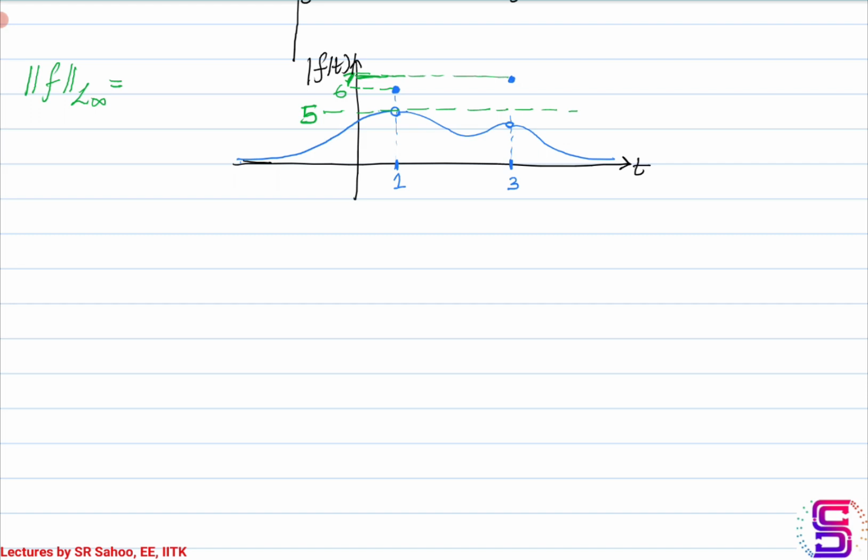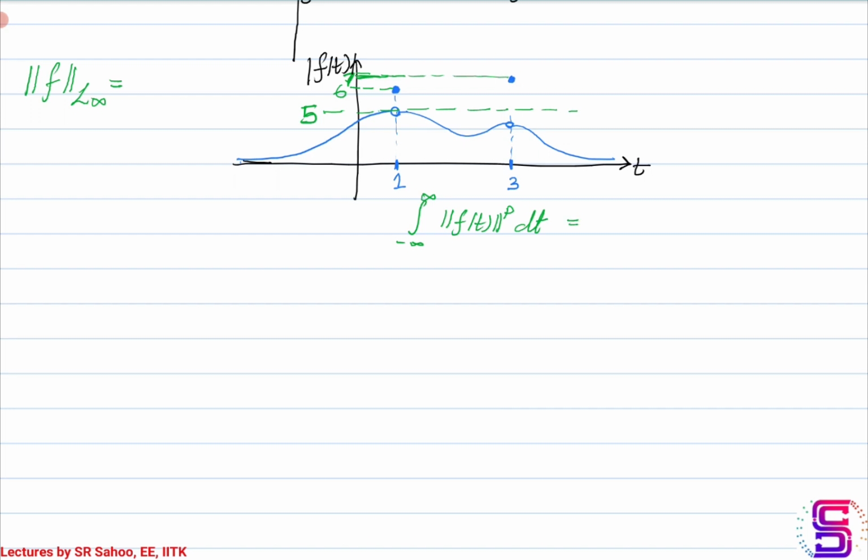Okay, and if you see the definition of the Lp norm, what is actually happening? I can write this as the integral from minus infinity to infinity of norm of f of t to the power p dt.